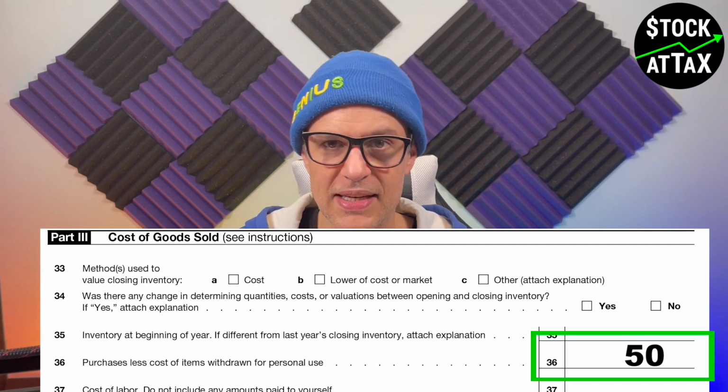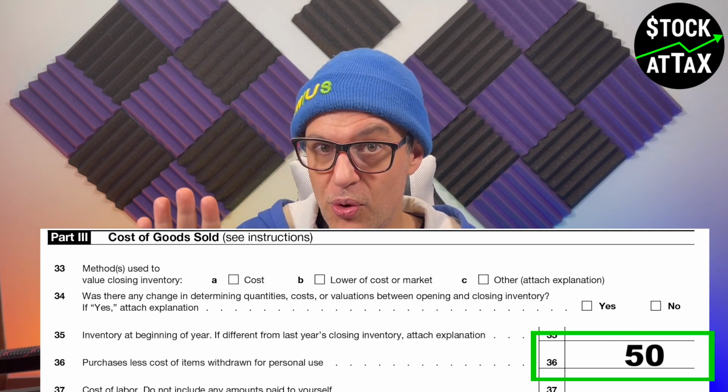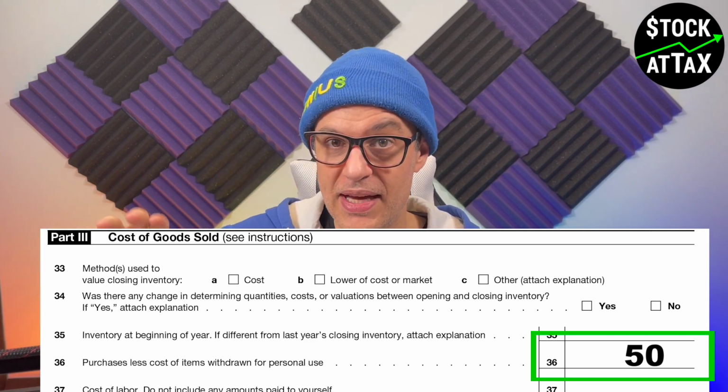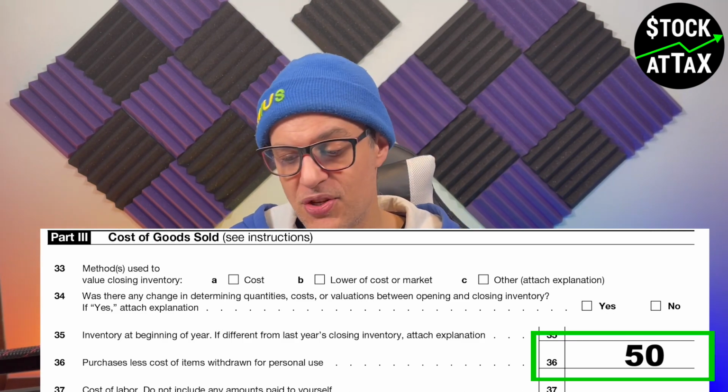So I tell my tax accountant, my purchases for my inventory, what I sold and still have in inventory, was $50. Now I sold 2 units. So I have to remove 2 units, the cost of the goods sold. So 2 units, $5 each, I take $10 off that, okay?